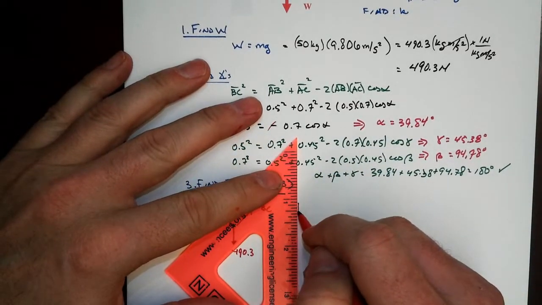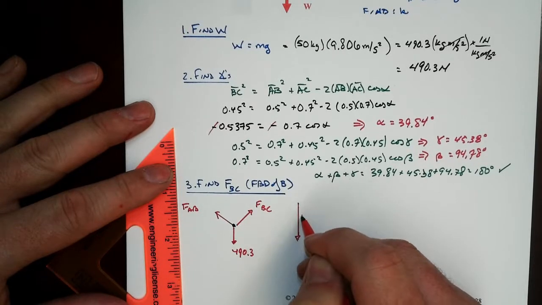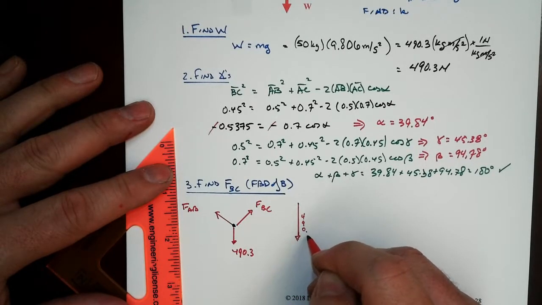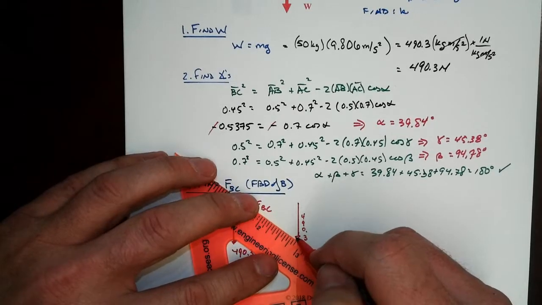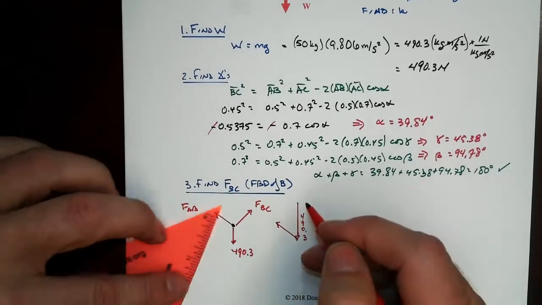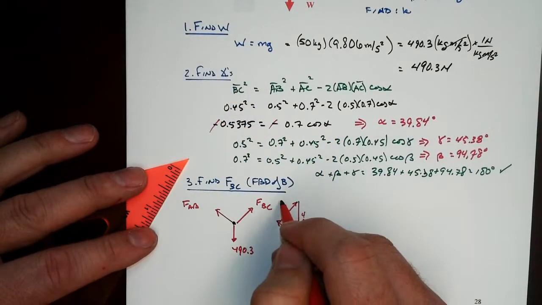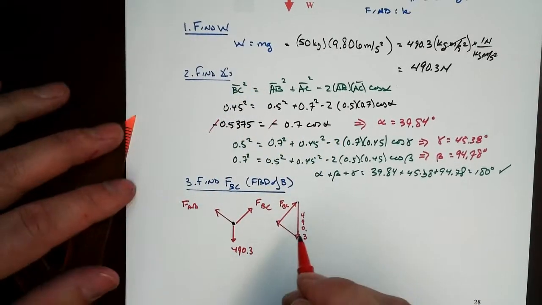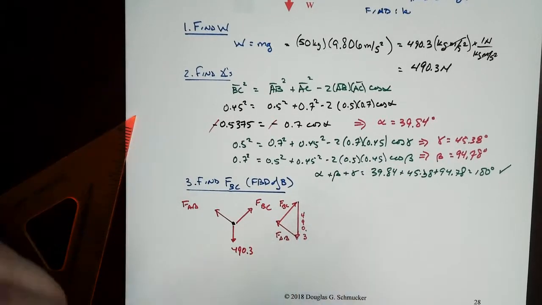We've got 490, 0.3 of course, right there, and then we go up for FAB and we go over for BC. Now note, it looks like I drew that at 90 degrees. It's not, so don't make that mistake here.